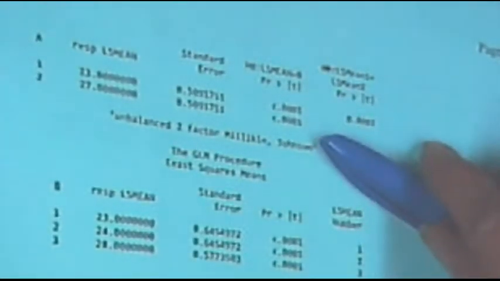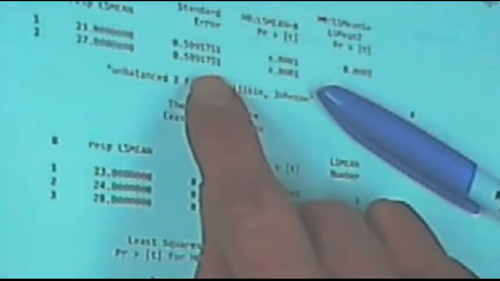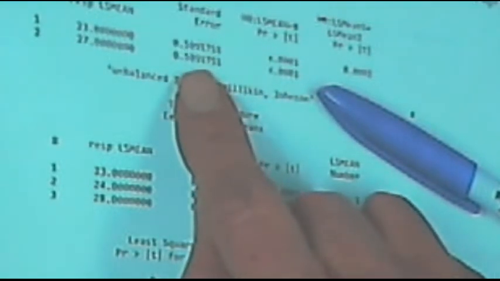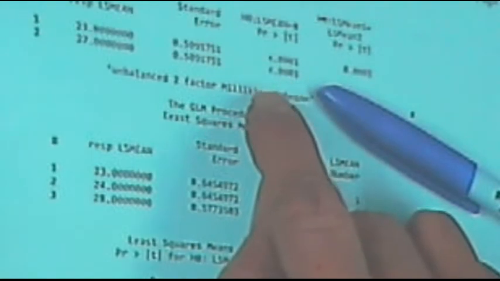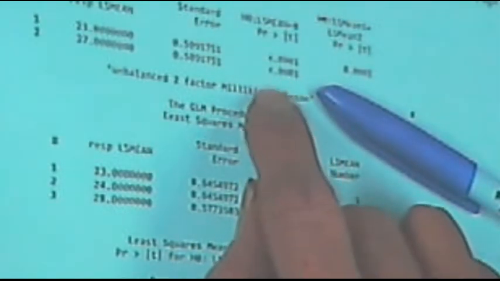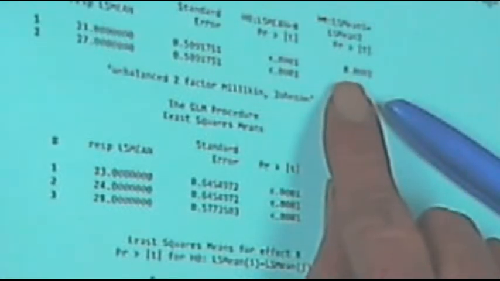And I'm specifying p-value for a difference, and I want standard errors. So with those calls, I get, for example, for factor A, this table here, I get the two means, I get the two standard errors, I get a p-value for a single mean, and then I get a p-value for the difference between the two means.